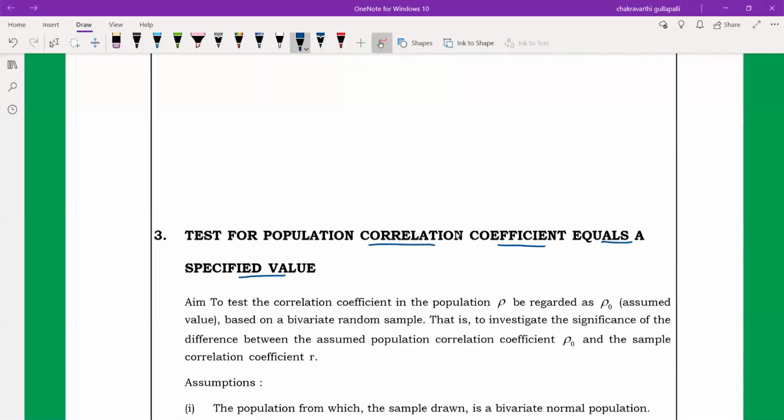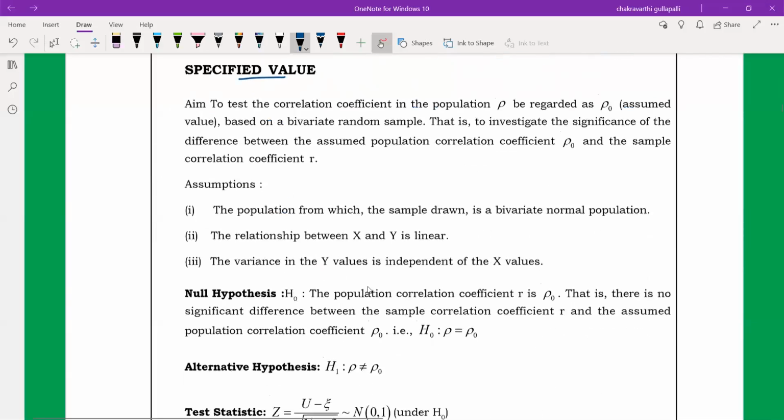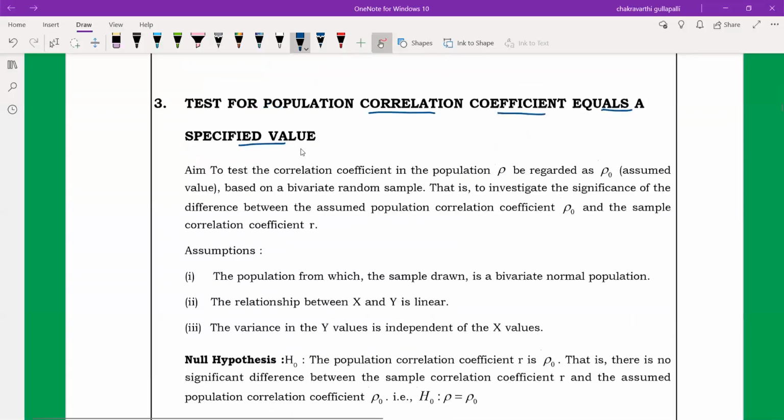This is another very important test. Single population correlation coefficient equal to some specified value. Rho is equal to rho naught.